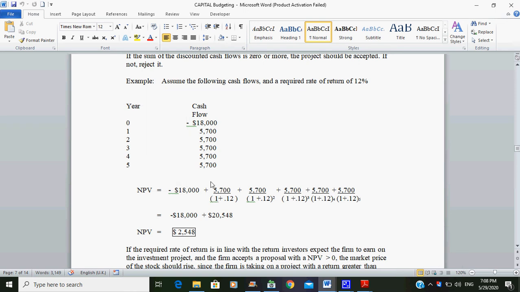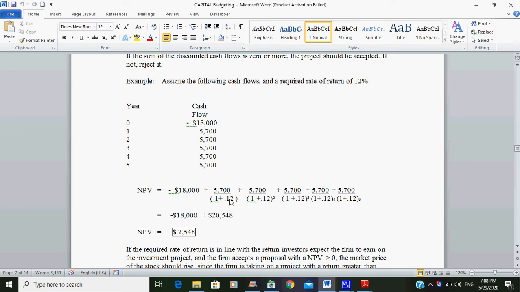The formula here is really the present value formula. For those of you who don't know or remember, this figure represents the cash flow divided by 1 plus R, or 1 plus I, or 1 plus K.